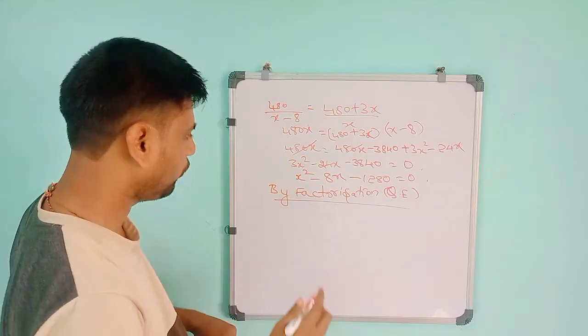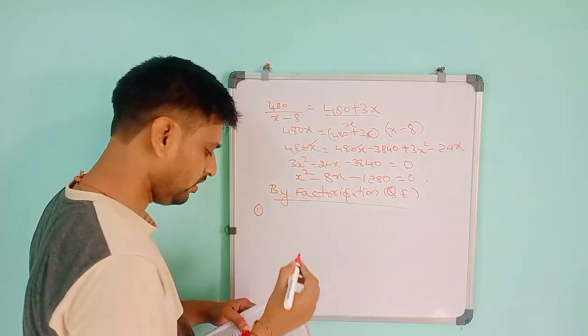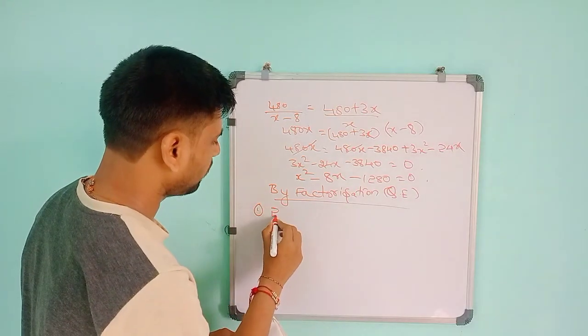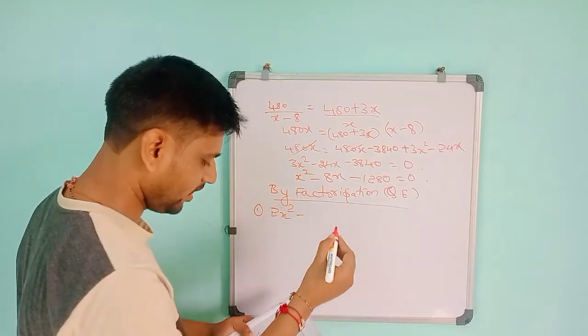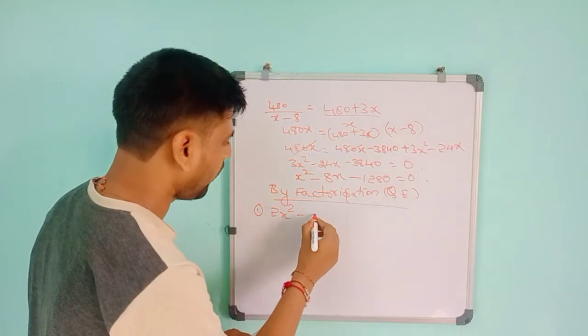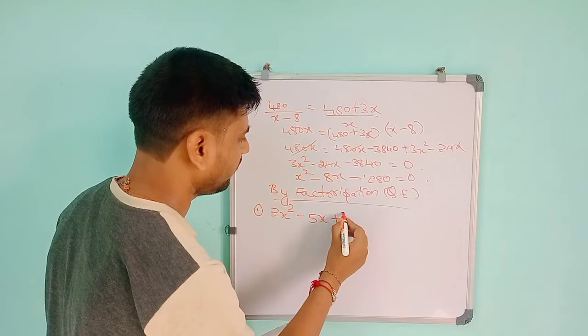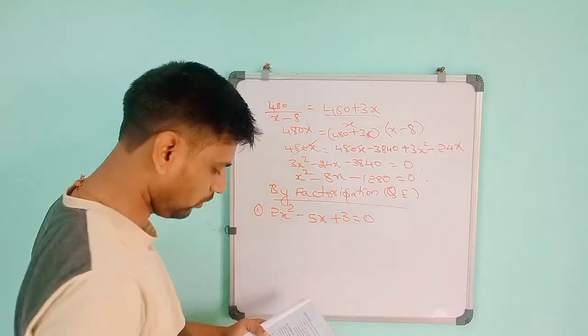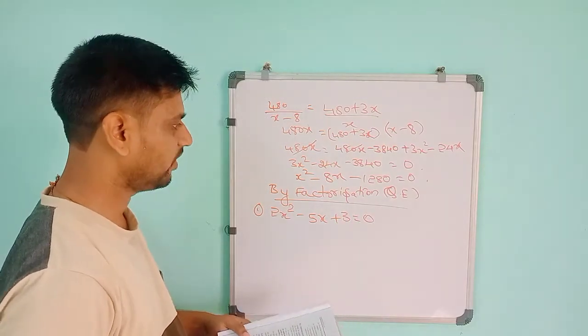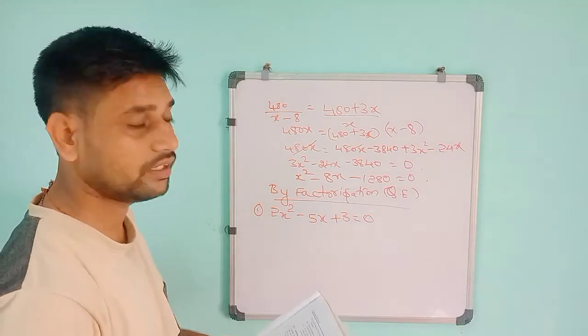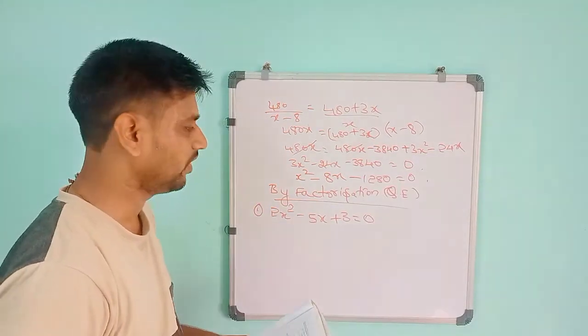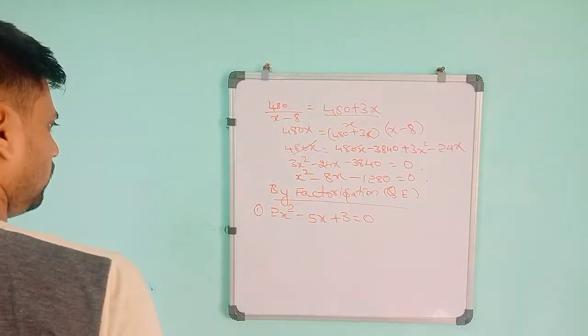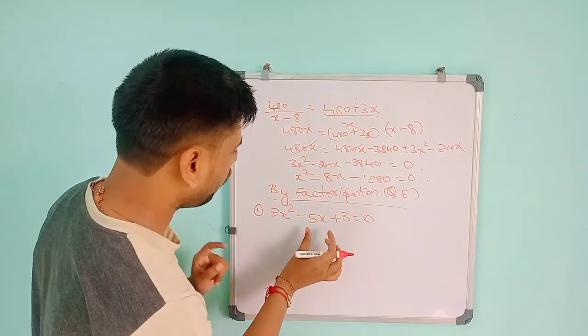If you take the example 2x square minus 5x plus 3 is equal to 0, you have learned this in the 9th standard also. They tell us to do it by the factorization method. So you have to split the middle term.